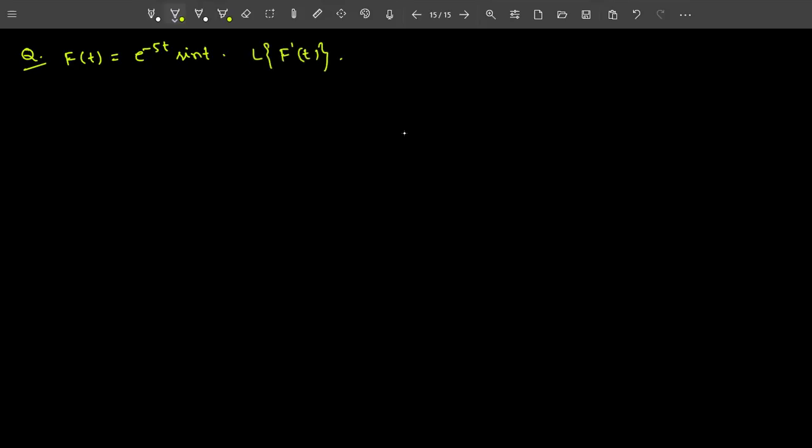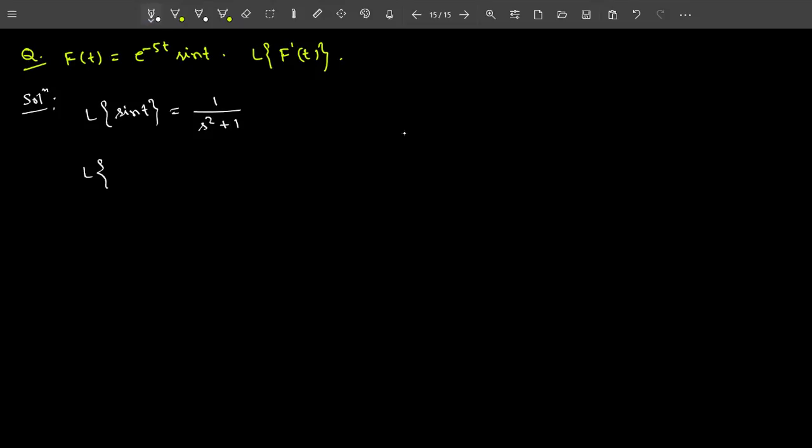So first calculate Laplace of f of t, and you will get F of s. So here sine t. So first calculate Laplace of sine t. Laplace of sine t is equal to 1 by (s square plus 1).